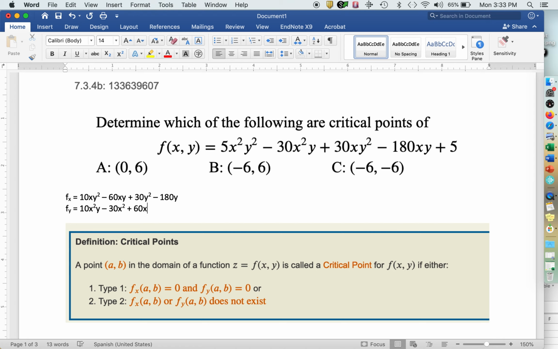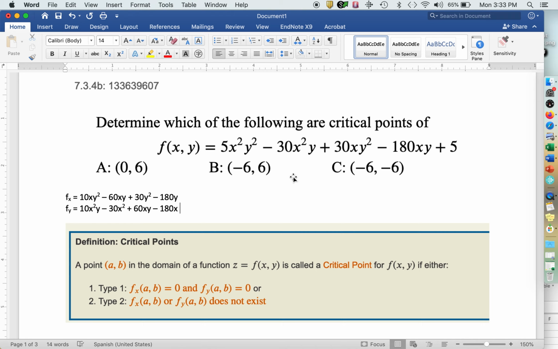Still have the x because that's a constant that's multiplied. And then times y, minus. Okay, here again we have a number. I treat the 180x like it's a number times y. So the derivative of that was going to be 180x. And then last, the derivative of 5 is 0.